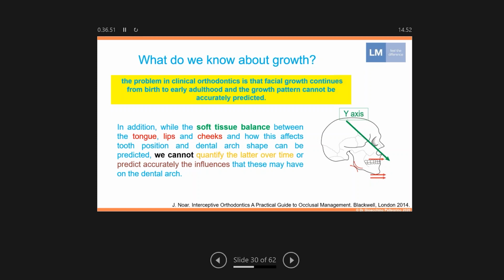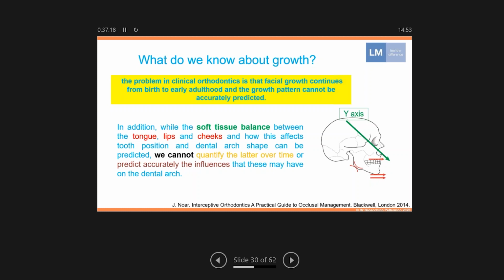And during this process, which is defined by genetic information, the balance of the soft tissues between the tongue, the lips, and the cheeks needs to be managed so that the position of the teeth and the morphology of the dental arch can develop in the correct way.